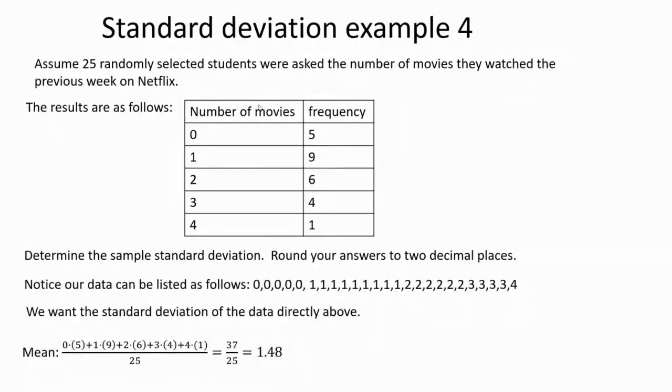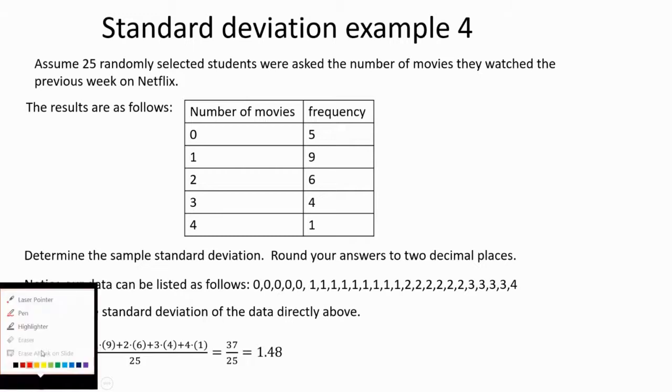Here we have a frequency table. That's okay. We're going to still determine the standard deviation. Here it's not as bad because you could list the data out directly as I'm doing here, but we don't have to do that.